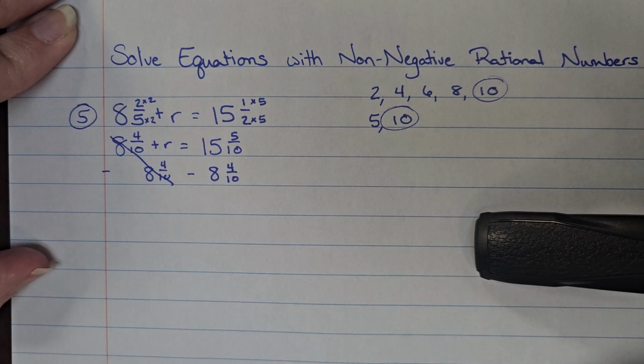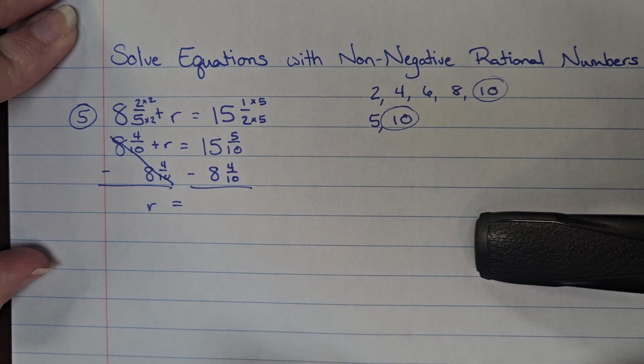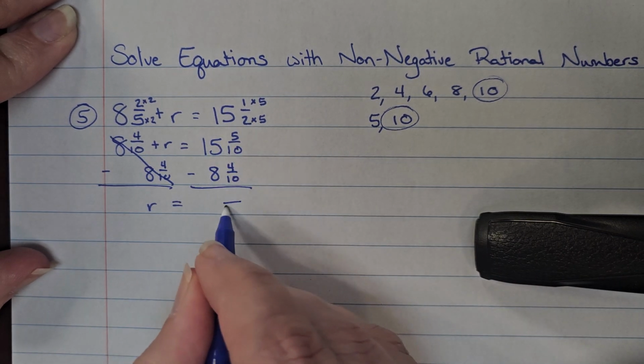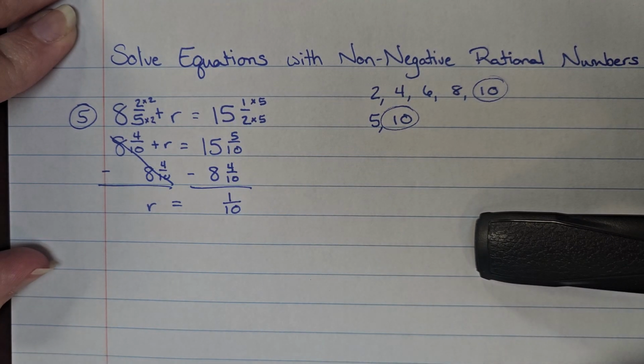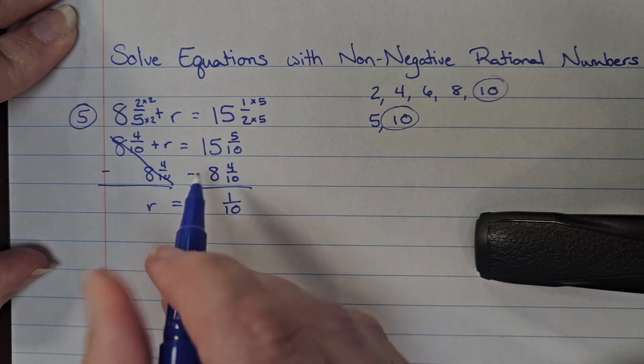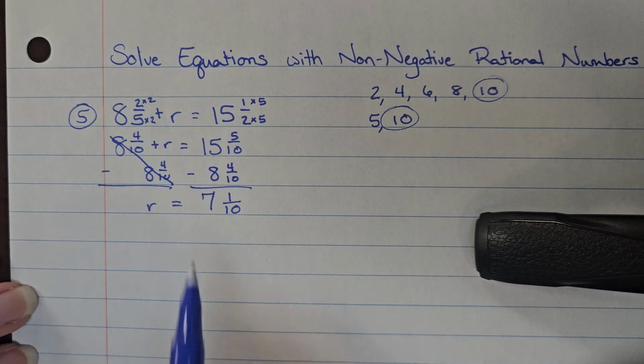Those will cancel each other out. R equals, the denominator's still going to be 10. 5 minus 4 is 1, and 15 minus 8 is 7. So r equals 7 1/10.